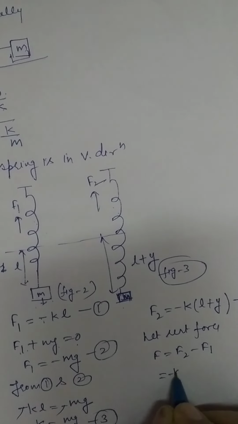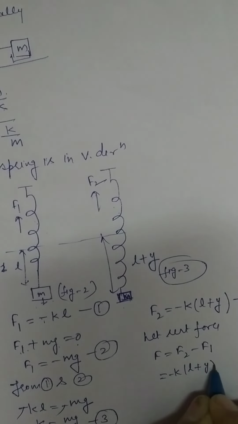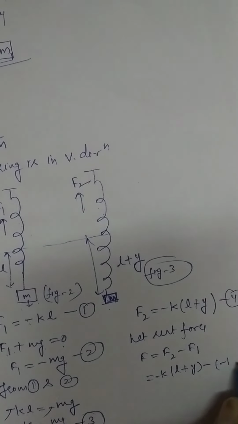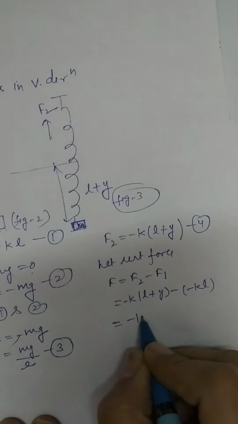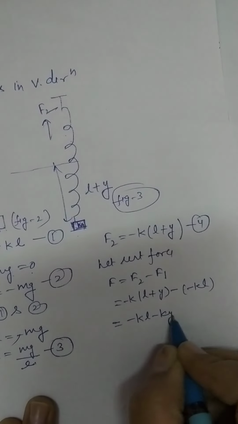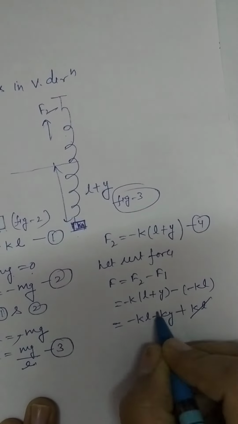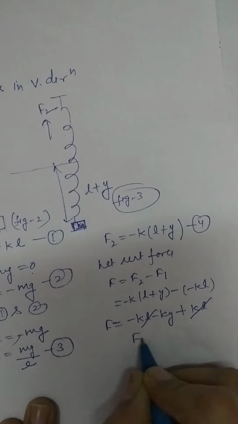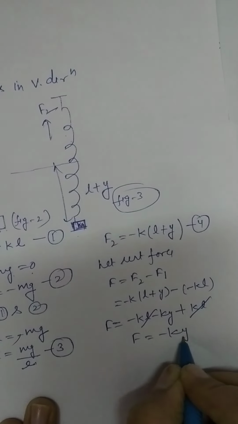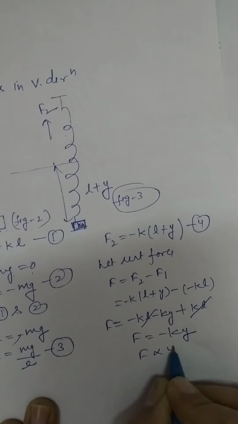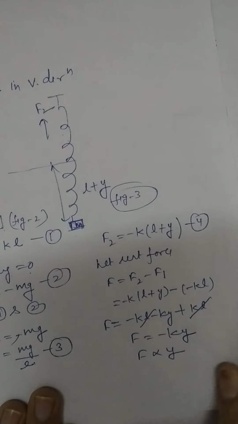It is minus K into L plus y, minus of minus KL. So it becomes minus KL minus Ky plus KL. This cancels out and F equals minus K into y. So this proves that it executes simple harmonic motion.